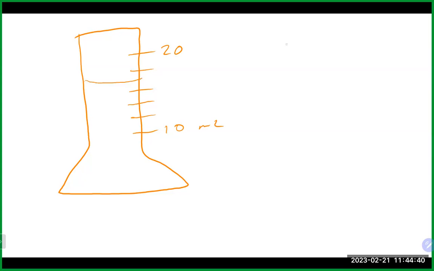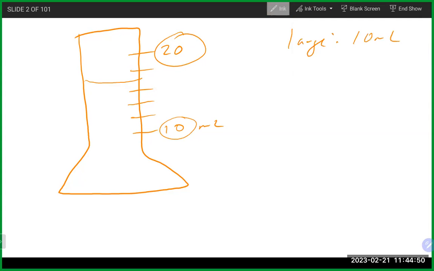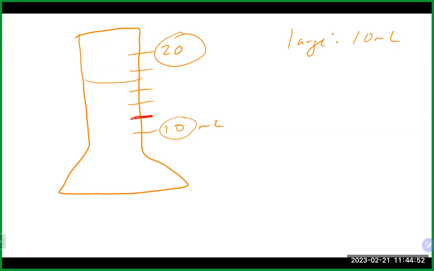In this particular case, our large markings here are 10 milliliters. Now, if we count up our dashes between them, that is 1, 2, 3, 4, 5. Each small marking represents how much?